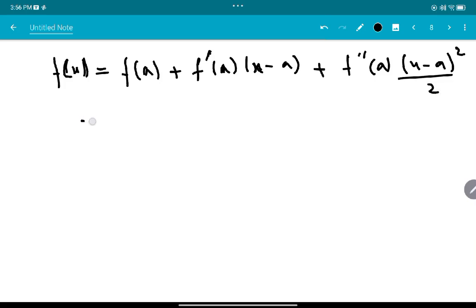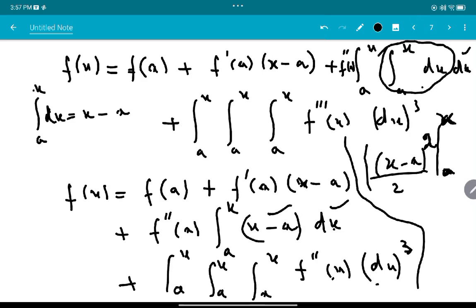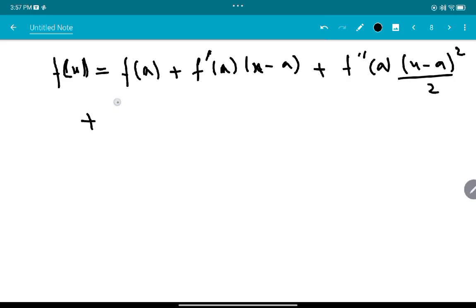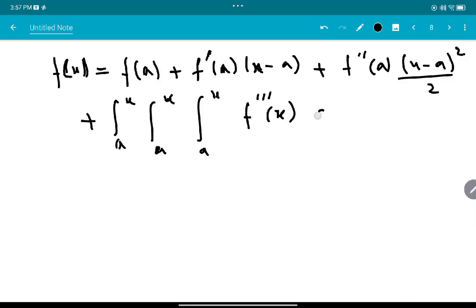Then next term is this triple integral, a to x, a to x, a to x three times, and then f triple dash x, the third order derivative, into dx cube.